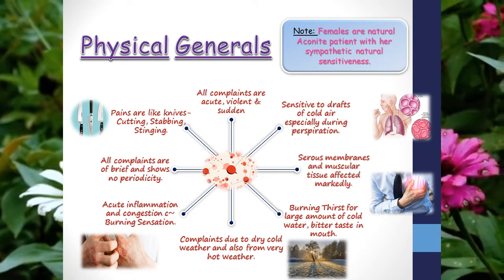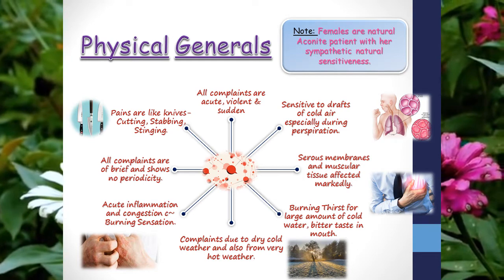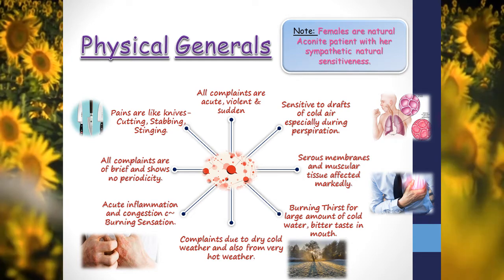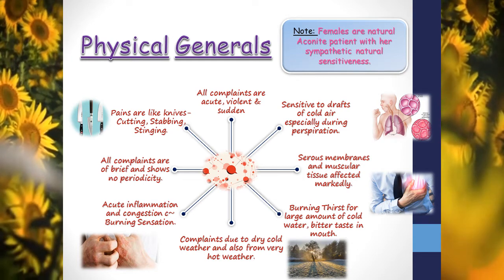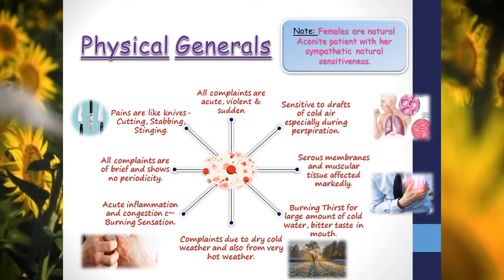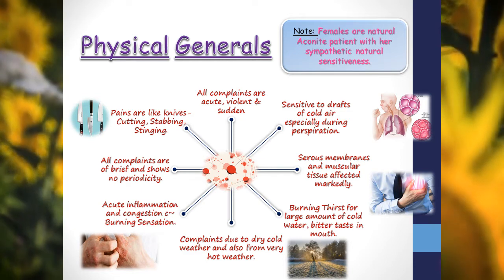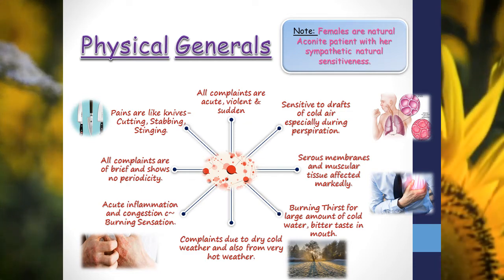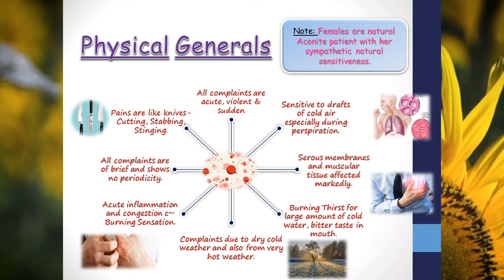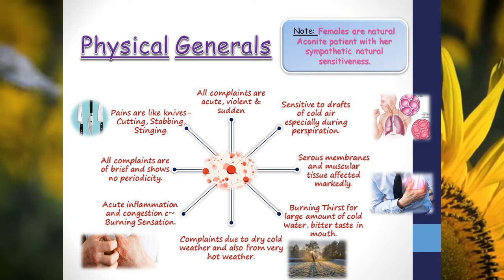The cases will be limited to 1, 2, or at most 3 days. It is not prescribed in cases running for 10 days, or on the 7th day of the case or on the 5th day of the case. It is prescribed as a first remedy for any kind of acute inflammatory disorder.